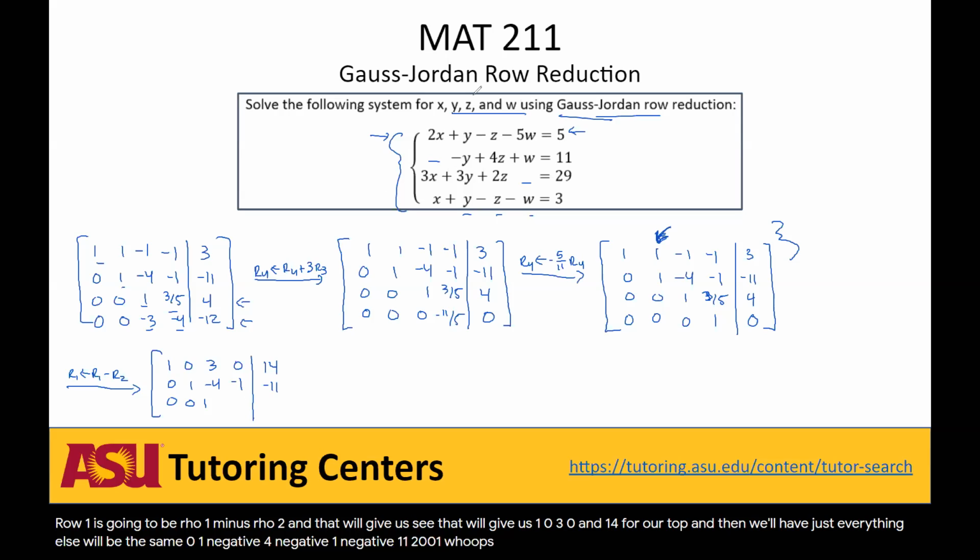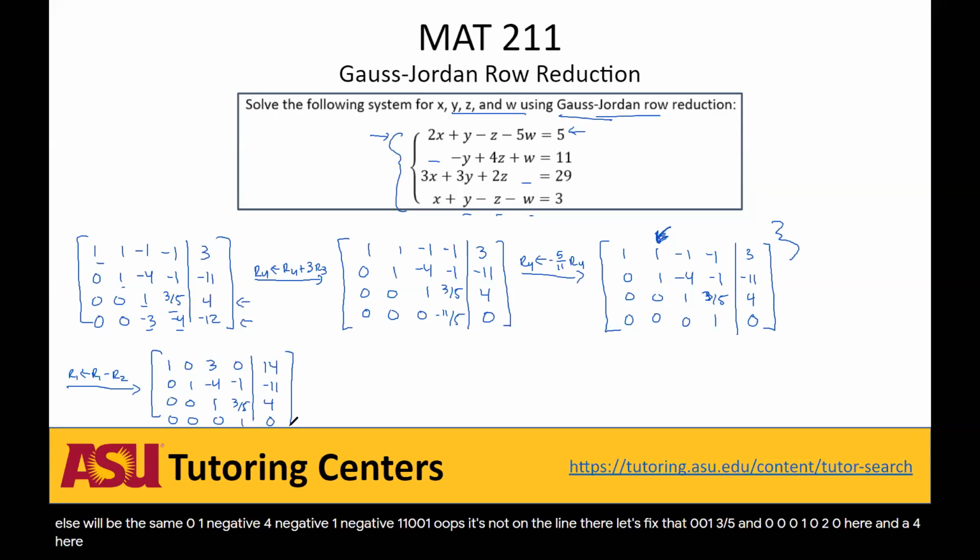Oops, it's not in line there. Let's fix that. 0, 0, 1, 3/5, and 0, 0, 0, 1. And you've got a 0 here and a 4 here. Cool. Apologies for my handwriting on that.